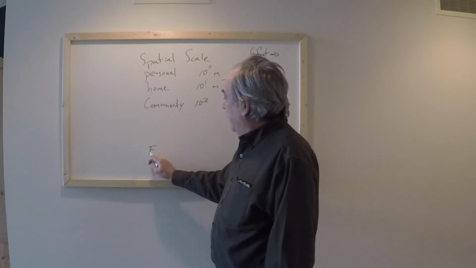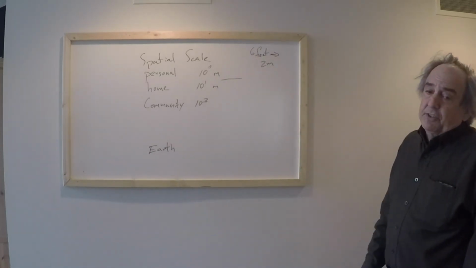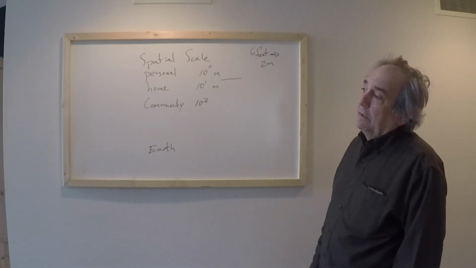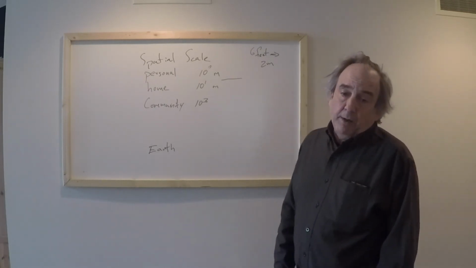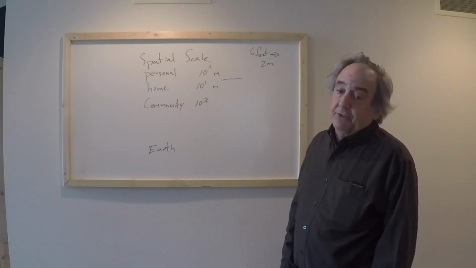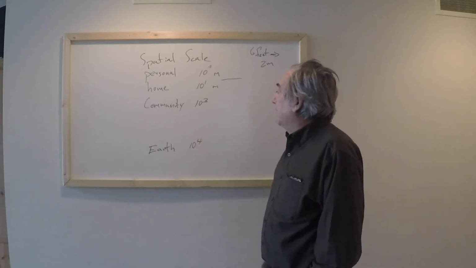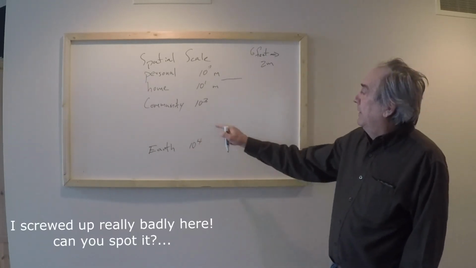Earth, so I think you're getting this. Earth, a good scale for Earth, I use, let's call it 10,000 kilometers. 10,000 is 1 and 4 zeros. So that's 10 to the 4. Is this? No, that's too big.